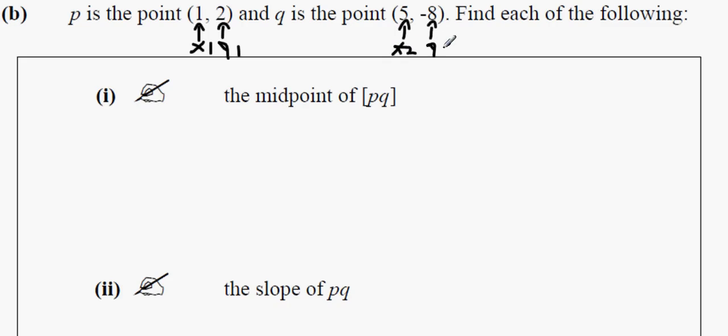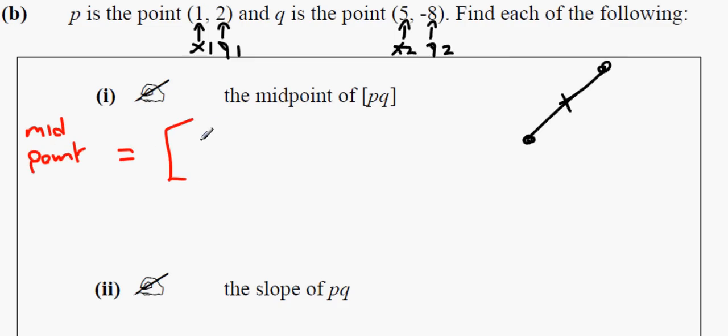The midpoint basically means, once again, you have 2 points and you want to find out what's in between, what's dead center of the 2 points. So that's what the midpoint formula stands for. So the midpoint formula ends up to be equal to x1 plus x2 divided by 2, y1 plus y2 divided by 2.